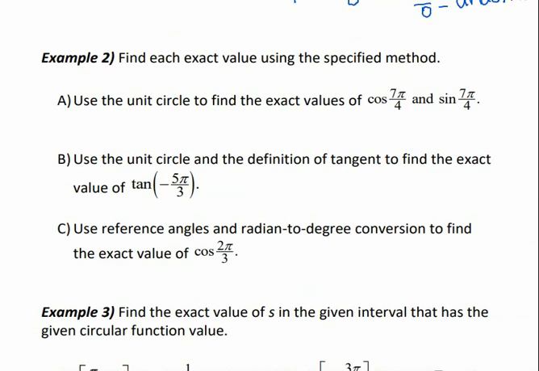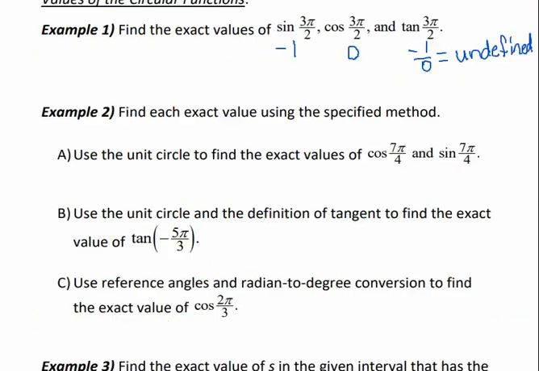Okay. Now we're going to find each exact value using the specified method. A says to use the unit circle to find the exact values of cosine of 7 pi over 4 and sine of 7 pi over 4. Okay, so let's go back up to the unit circle.